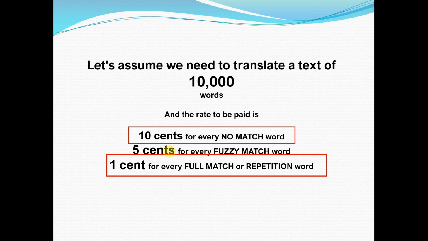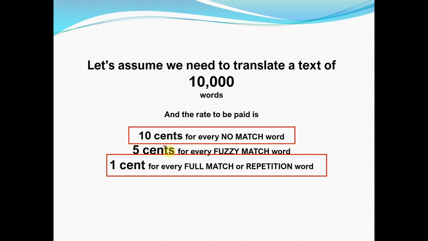And all the words contained in that match will belong to that category. So sometimes we have words with articles, prepositions, and because they belong to a full match, those articles and prepositions are considered to be full match because they belong to a full match sentence.